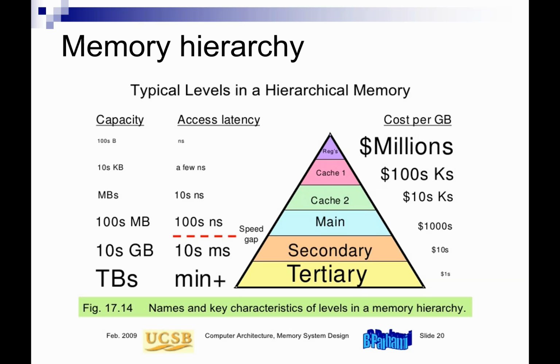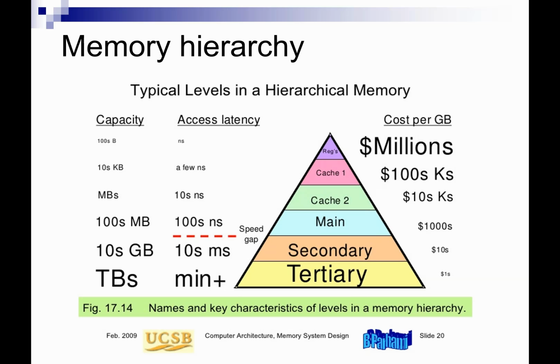In order to get around this CPU memory gap that we talked about, we're going to make use of this memory hierarchy. We're basically going to try to store as much useful data as possible in the fastest levels of this hierarchy.